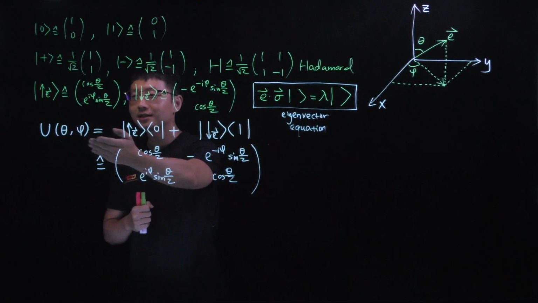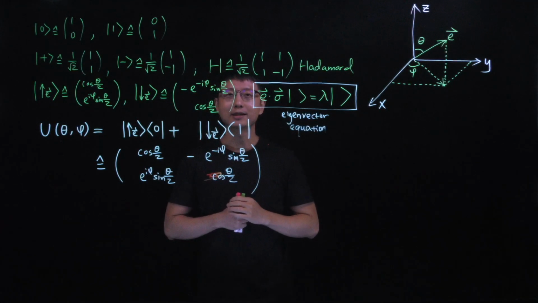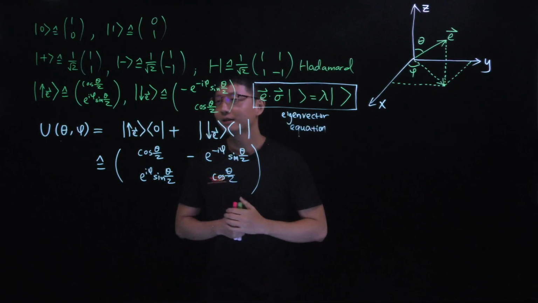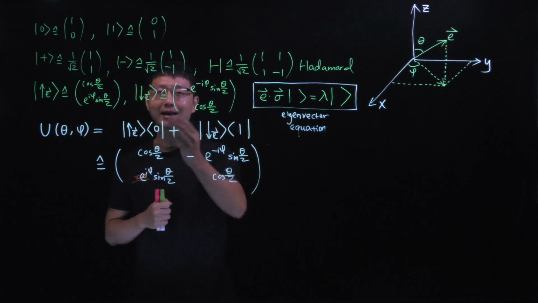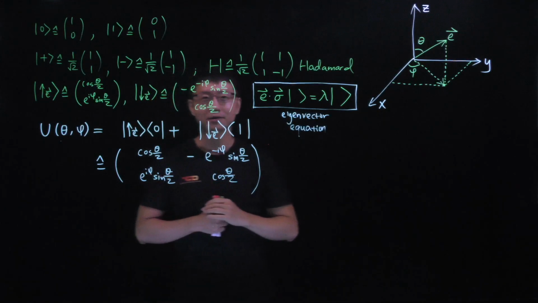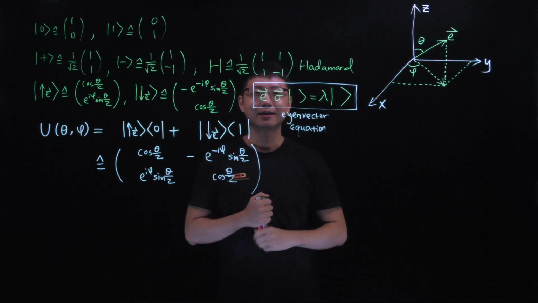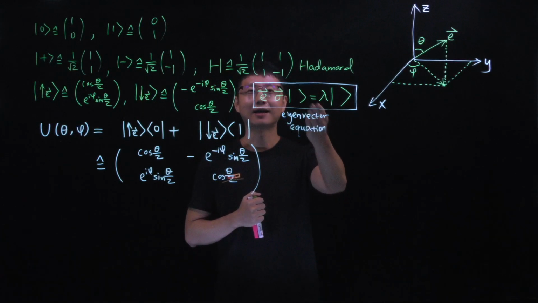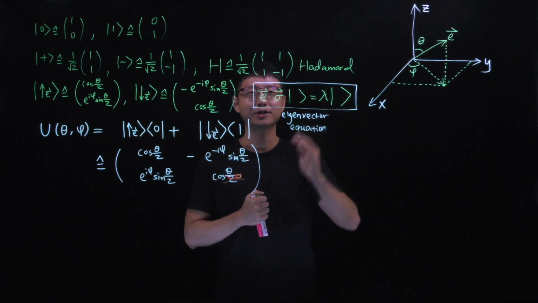We should note that this U is not the most general unitary operator acting on a single qubit. This is because of the arbitrariness of the phase in front of the eigenket that we have chosen when we're solving the eigenket equation. We have learned from linear algebra that any constant multiplied by the eigenvector is still a valid eigenvector for the eigenvector equation.